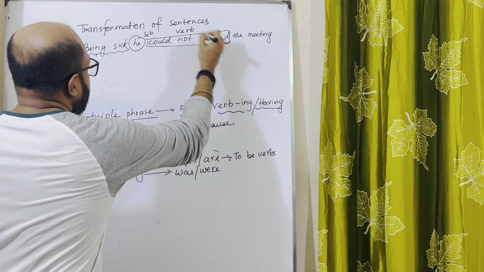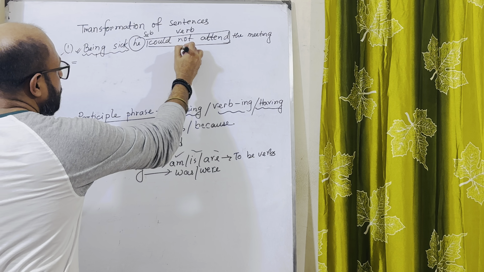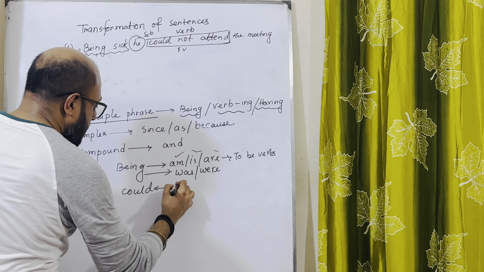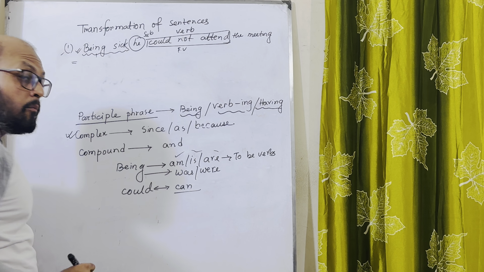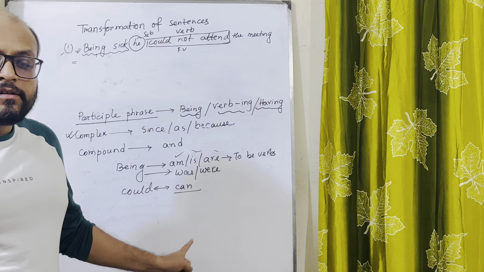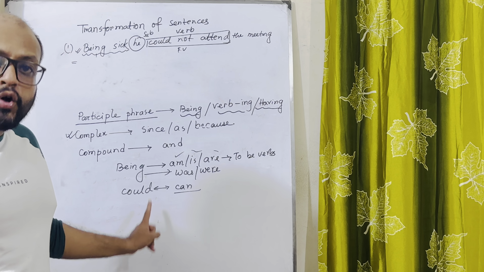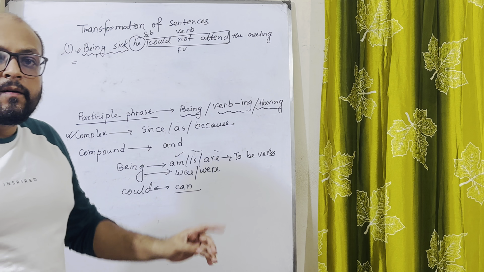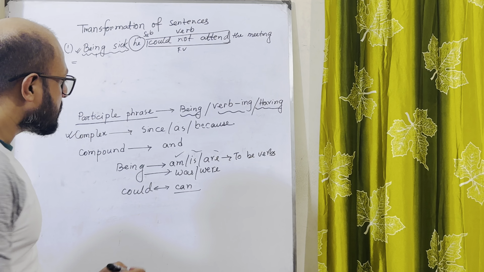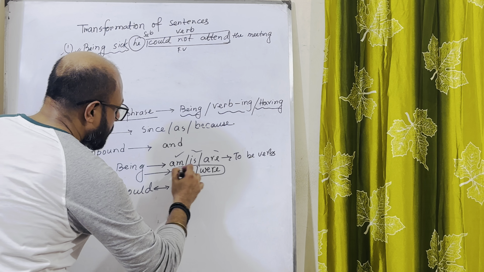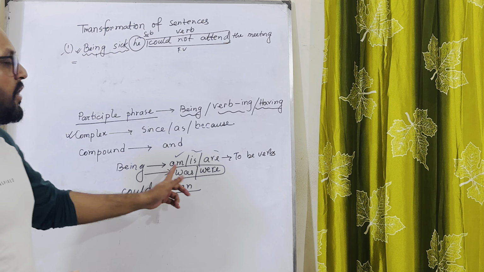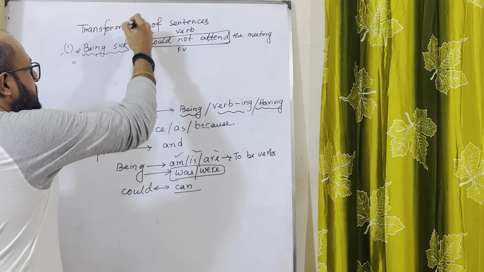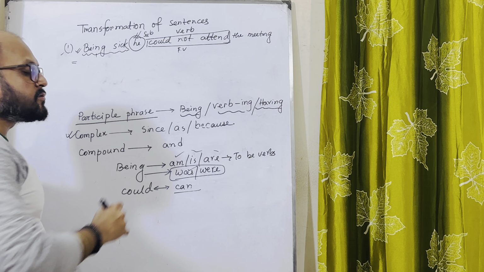Here, could not attend is my finite verb, and could is the past form of the modal auxiliary verb can. So we can consider this sentence to belong to the past tense, and that is the reason we need to select our to-be verb from was or were, and it will depend on your subject. As he is my subject, obviously we need to use was.